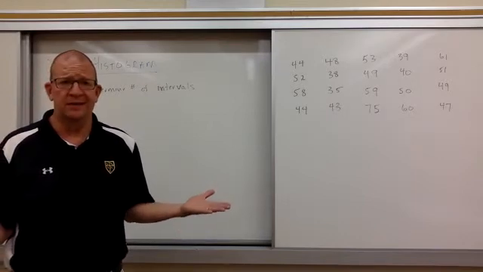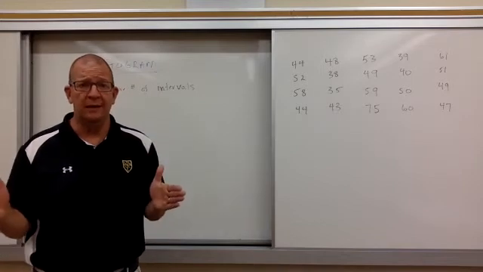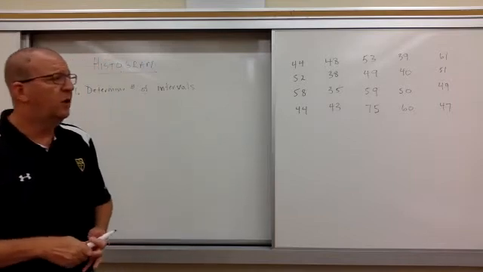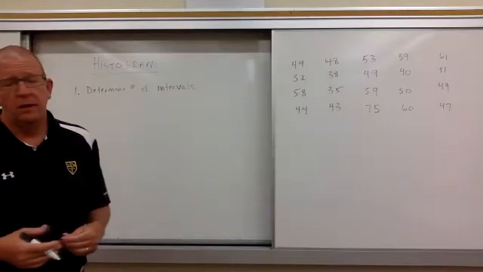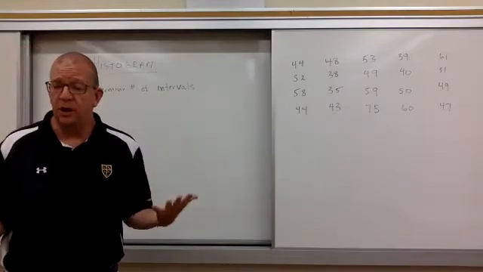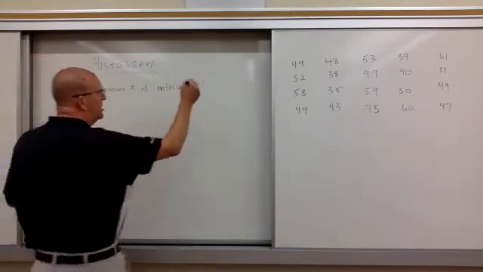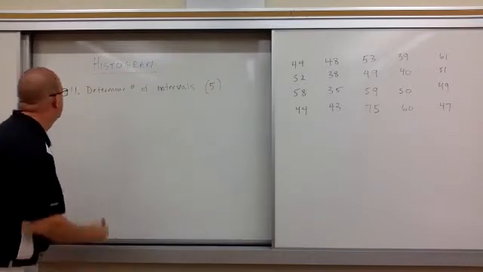Well, that doesn't make any sense. Should I have an interval that says age 30 to 80? Well, that doesn't make any sense because everybody would fit in there, right? So the question is, what about the number of intervals? 5 is usually a pretty good start. So why don't we say that in our case, we're going to do 5 intervals.